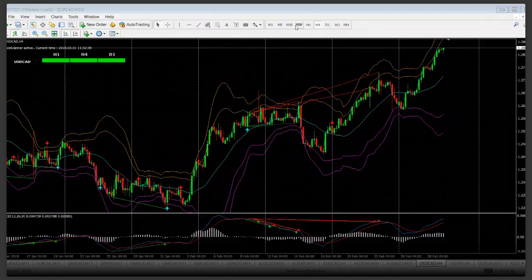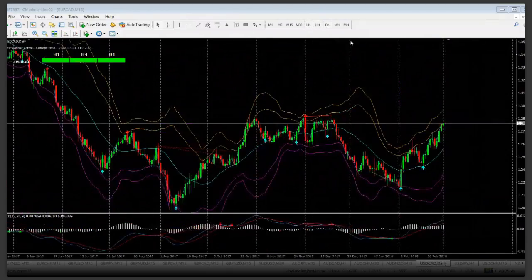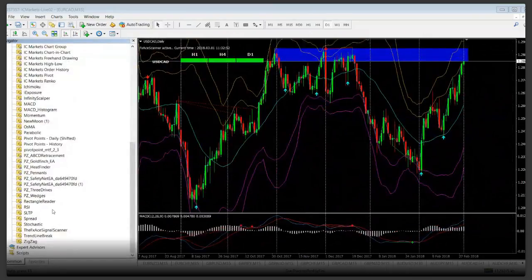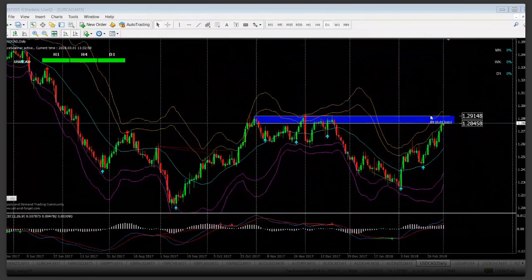So looking at this USD CAD, I've got this daily zone here. I'll just get my rectangular tool. This area here, what's price action like coming into this area?